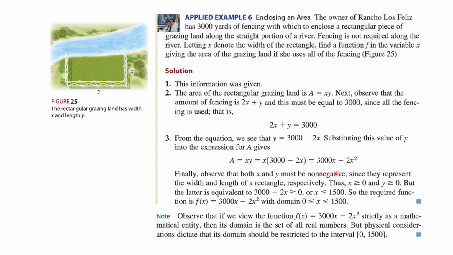Now, the domain: we observe that both x and y must be non-negative, so we have to have x bigger than 0, strictly bigger than 0, and it has to be less than 1,500 in order for y to remain positive.